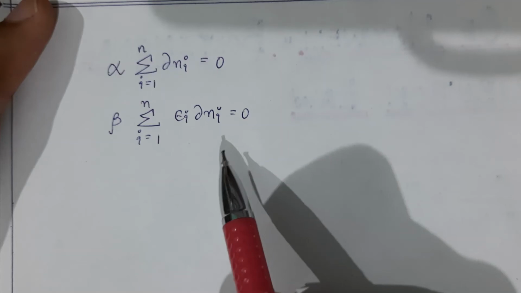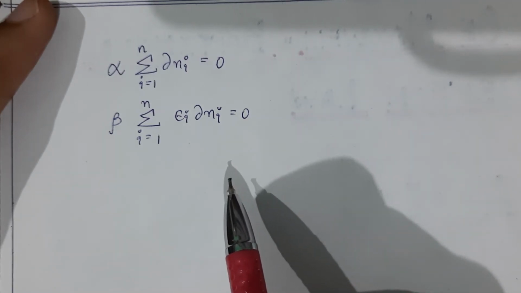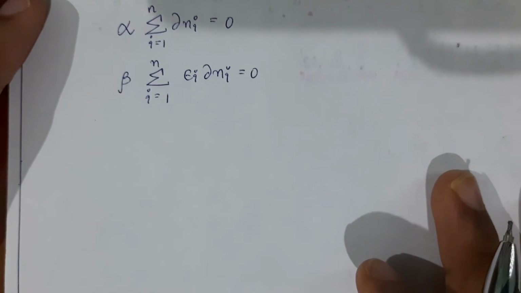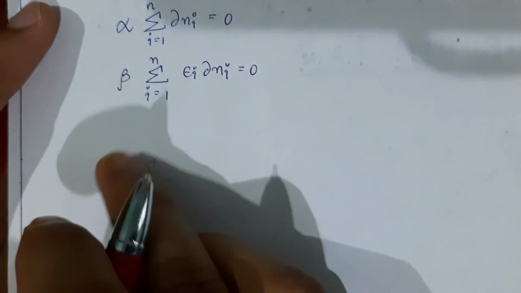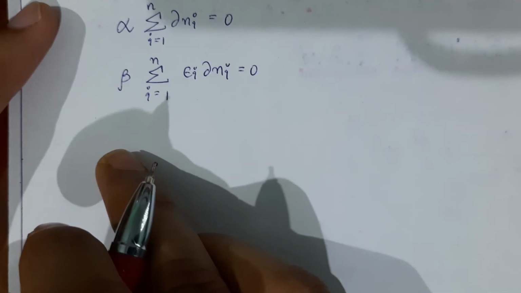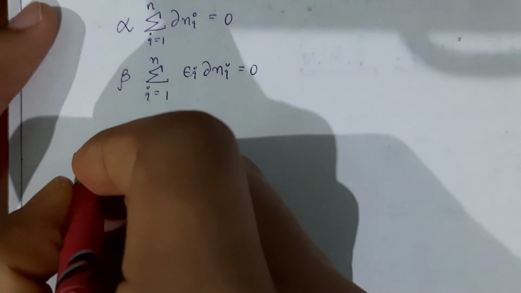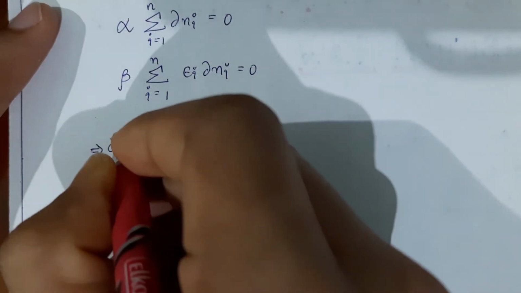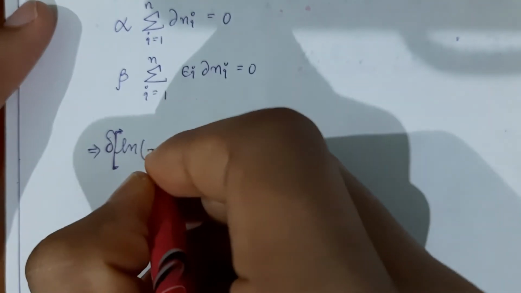So I am just going to apply this to the final expression that we have derived, and adding these constraints will ensure that they are taken into consideration while deriving the Maxwell-Boltzmann equation.